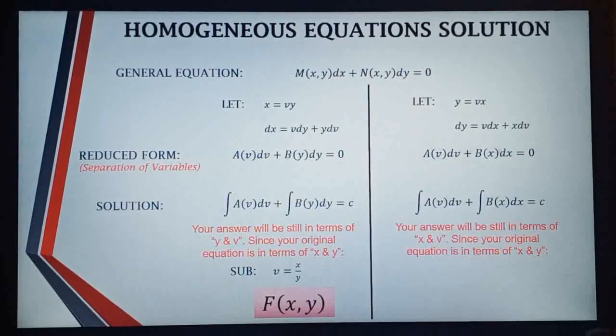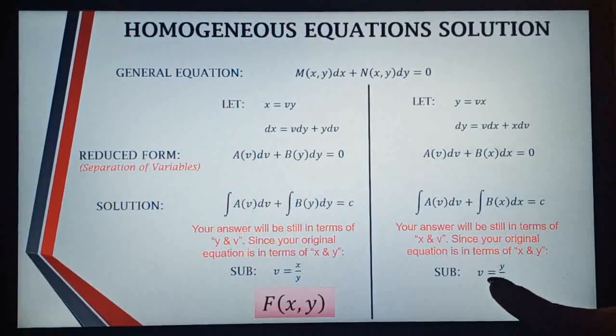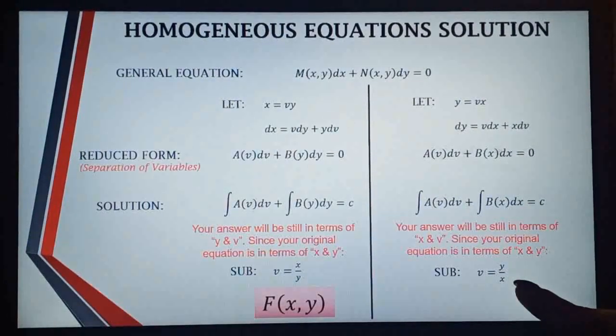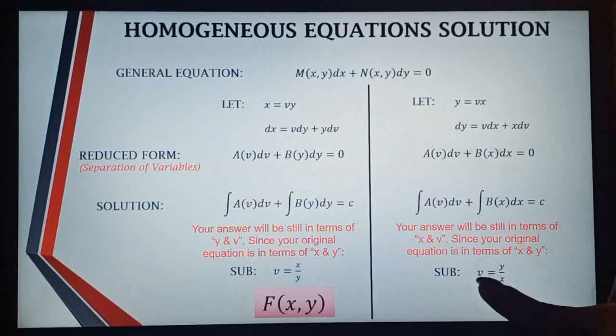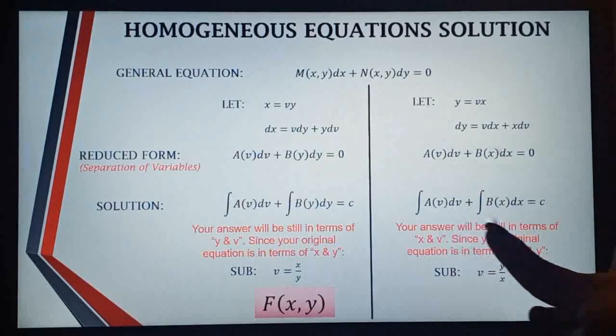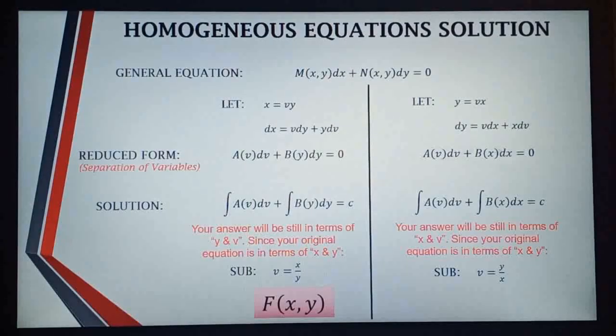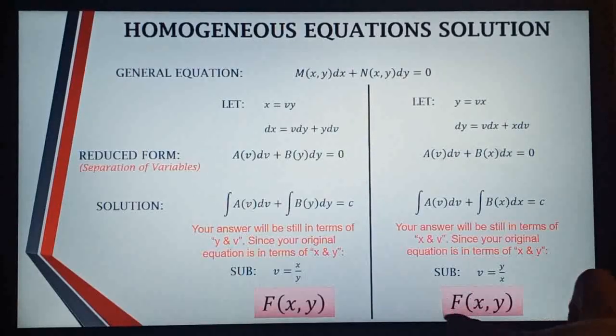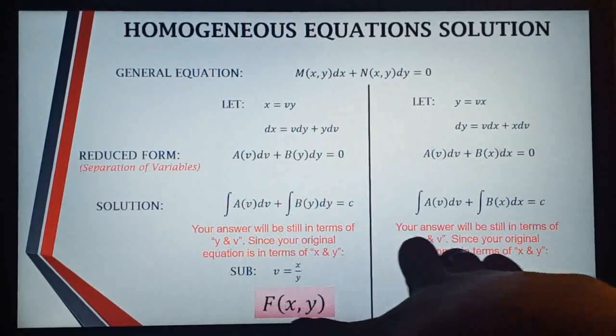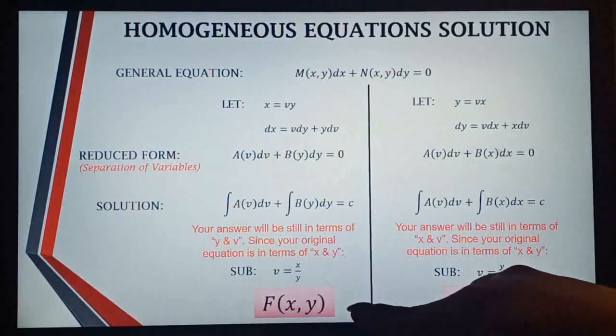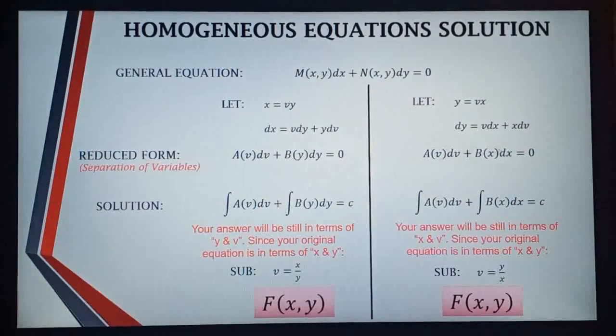So gagamitin natin yung equation na to. You will have v equals y over x. So ipapalit mo siya ngayon dun sa magiging answer nito. You will have an equation of the function of x and y. Then this can be your final answer in either solutions. Dapat yung maging sagot mo, kahit alin yung gamitin mo, must be in terms of x and y.